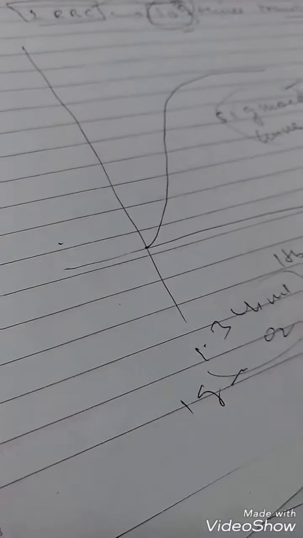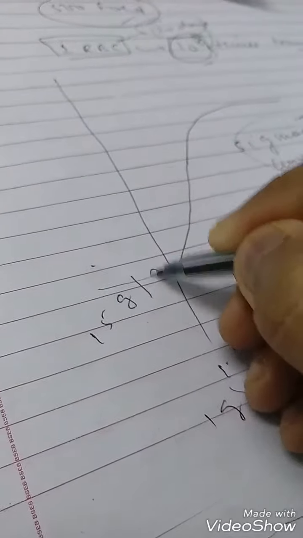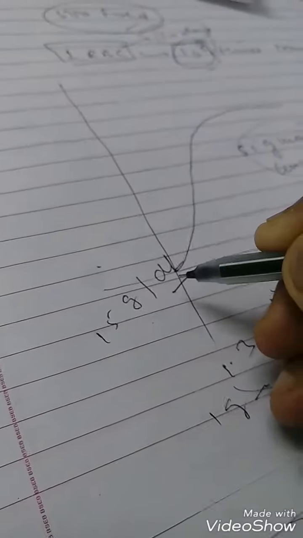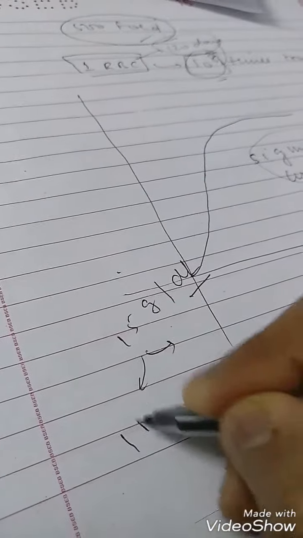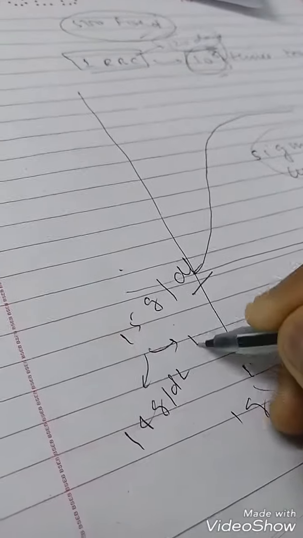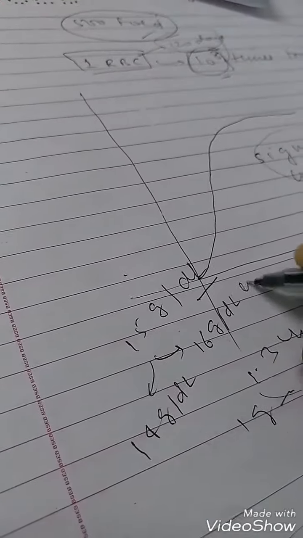Now how much? We know that the hemoglobin concentration in normal blood is about 15 gram per dl. Talking separately about male and female, it is 14 gram per dl in women and 16 gram per dl in men.